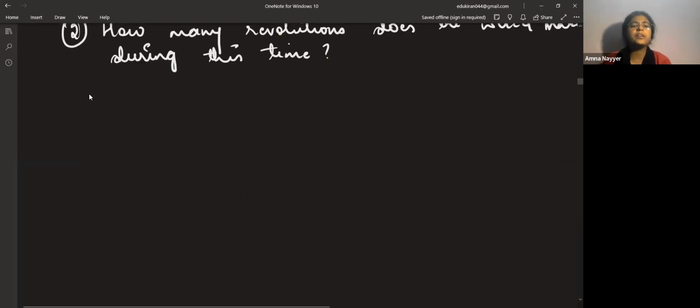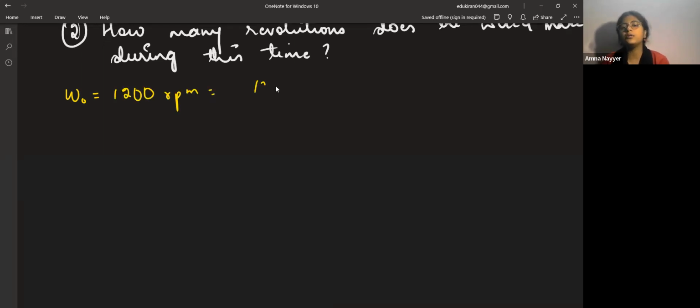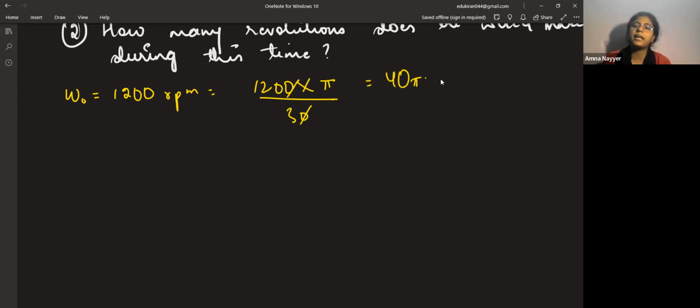But before we perform any calculation, for initial, that was 1200 RPM, what are we going to do first? We are going to multiply it by pi by 30. The zeros cancel. This becomes 40 pi radian per second. This is the initial angular velocity.